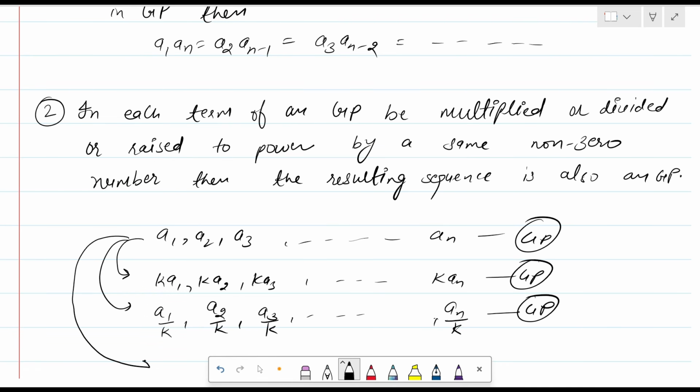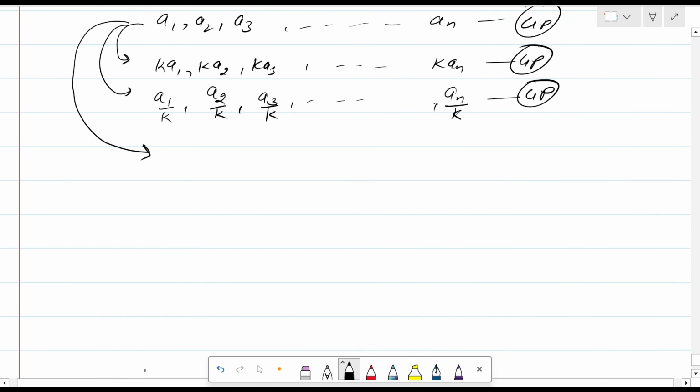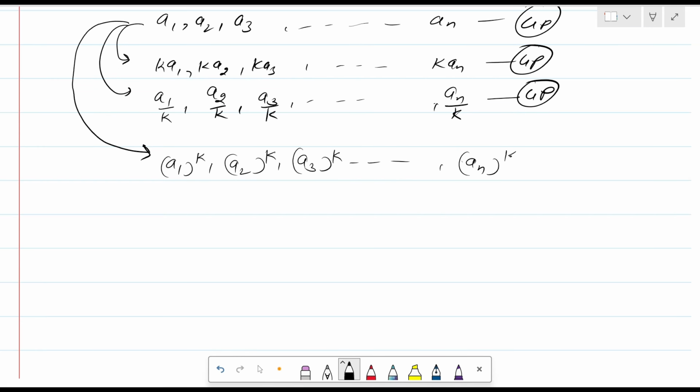And if we raise each to the same power, A1 raised to K, A2 raised to K, A3 raised to K, and so on, AN raised to the power K, are also in GP.